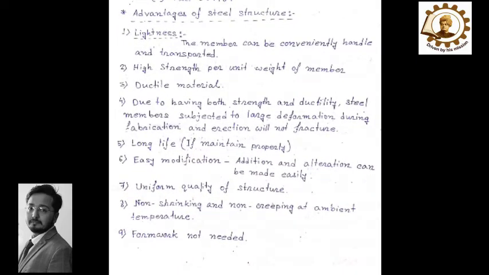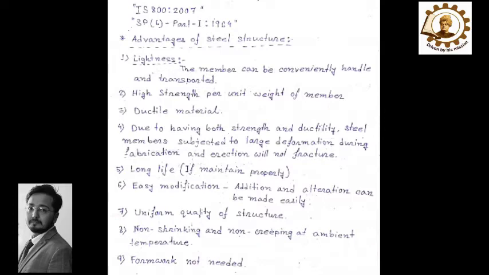That means addition and alteration can be made easily. As I discussed earlier in point 3, steel is a ductile material. Before failure, it will indicate the weaker portion. So if we want to alter the weaker member, it is very easy for steel structure.